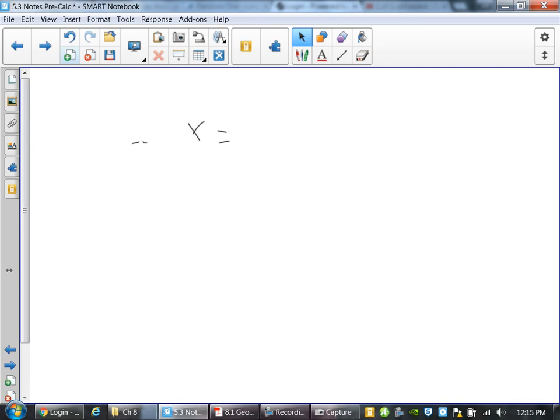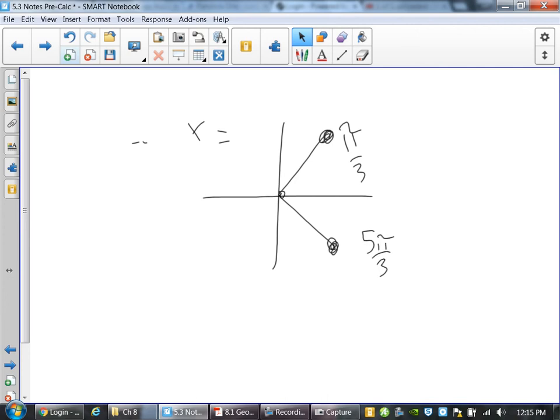So when we're cosine, you're positive here and here. So it was pi over 3, and then this point, as you come all the way around, would have been 5 pi over 3. It's still going to be plus 2 pi n.